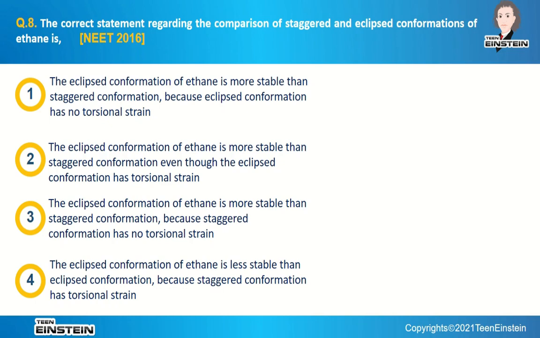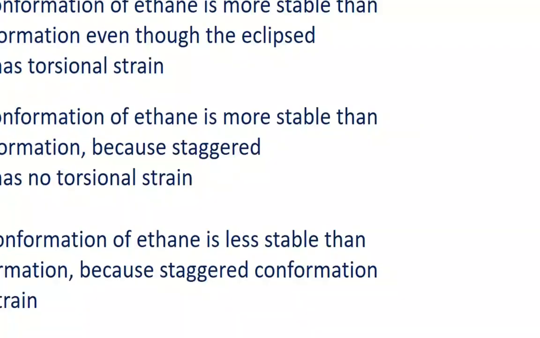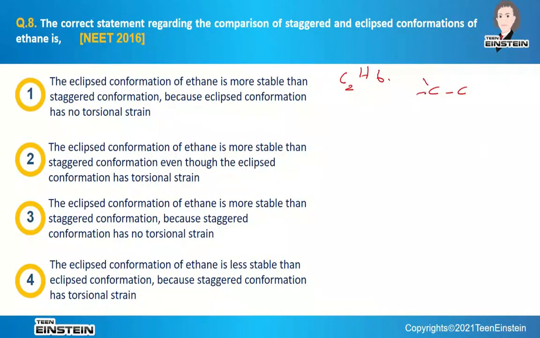The ethane molecule contains C2H6. So here a C-C single bond, each carbon attached with 3 hydrogen atoms.